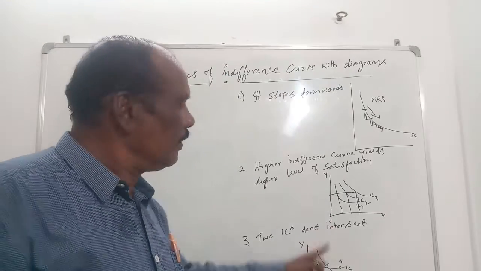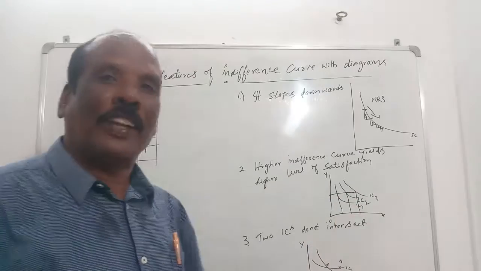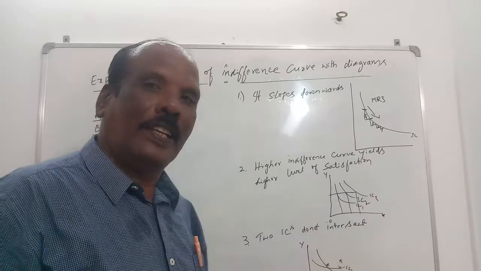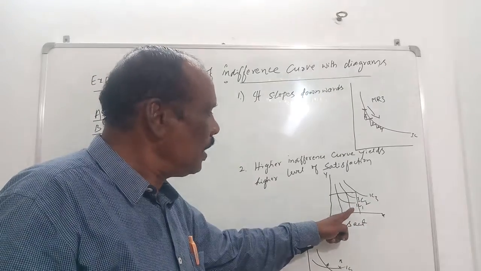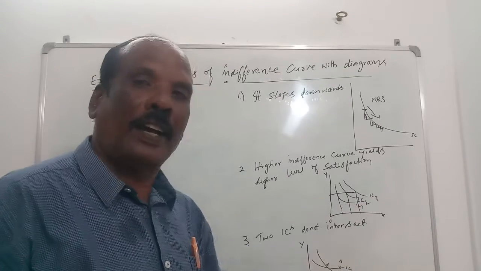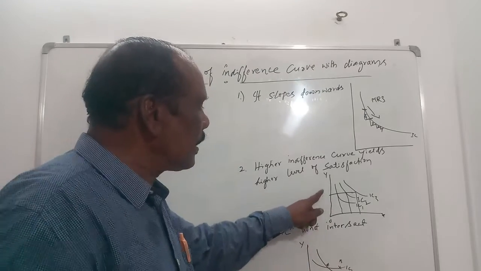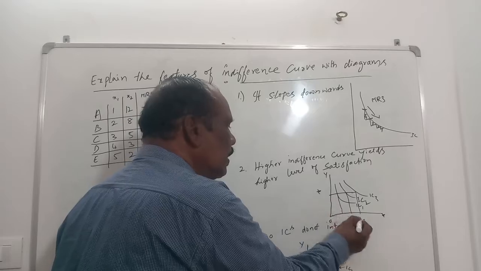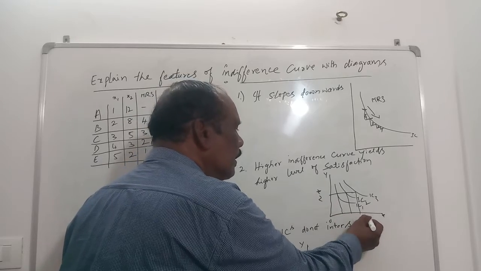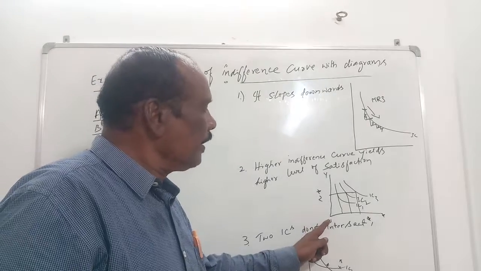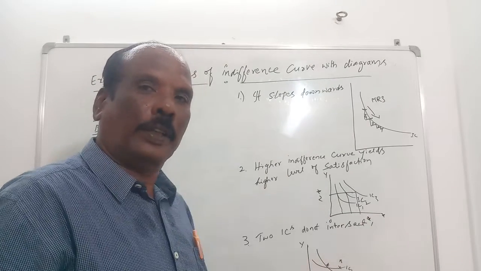Here are the 3 indifference curves. IC3 is higher than IC2. IC2 is higher than IC1. There is no change in the consumption of X2. There is only a change in X1. You are increasing X1.